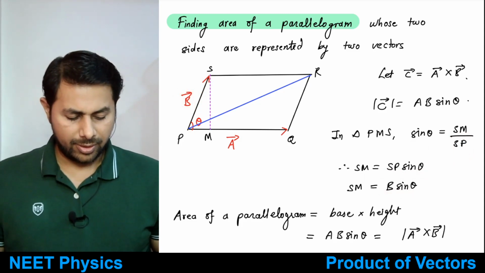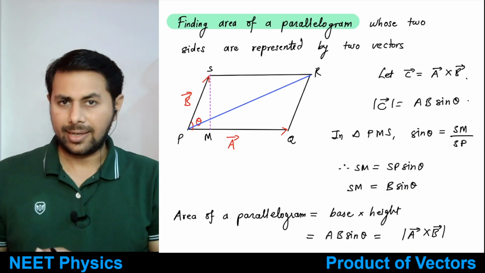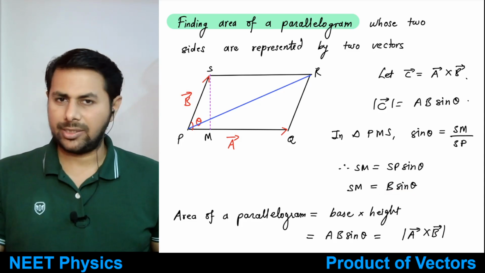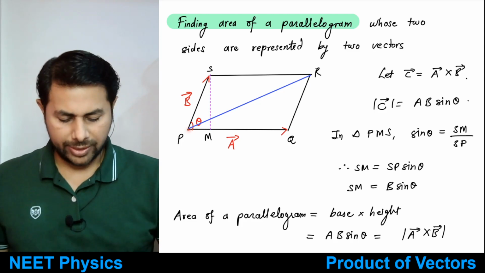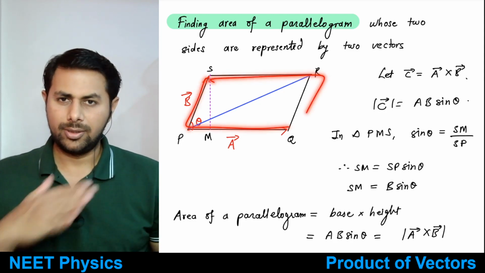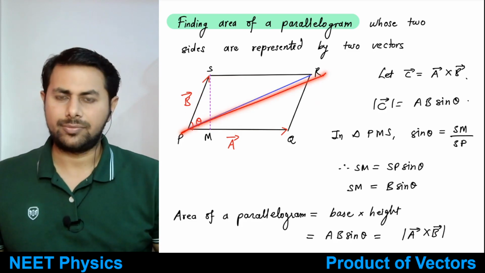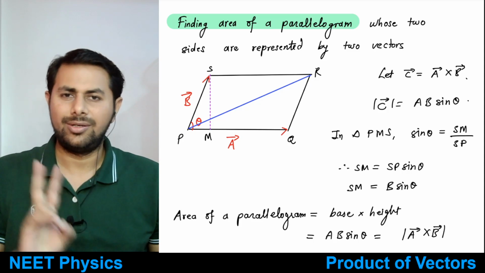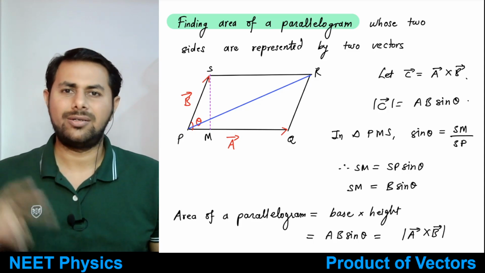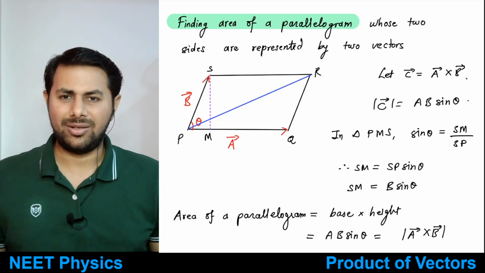You know the area of a triangle is half of base into height. Now I have this parallelogram. This diagonal divides the parallelogram into two triangles, and those two triangles are congruent, they are equal.